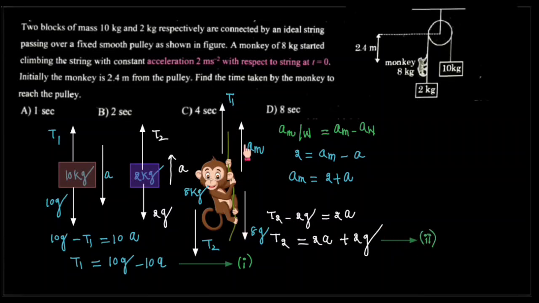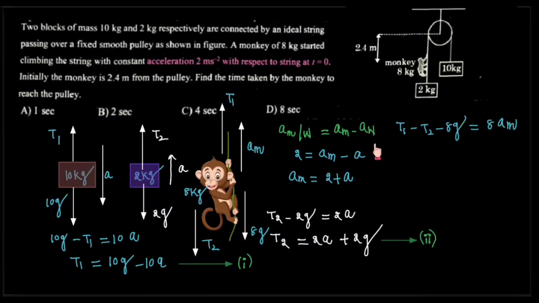Now write the NLM equation for this monkey. Since it is moving up, T1 is greater, so T1 minus T2 minus 8g will be equal to 8 into am.